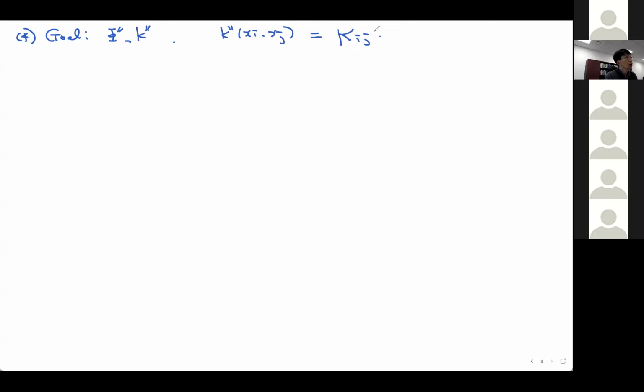So the question is, how can we do it? And that also provides us, if we want to use the empirical kernel, the K double prime or V double prime that I'm going to present to you is the one that you have to use. So how can you do this? The idea is to consider eigen decomposition.